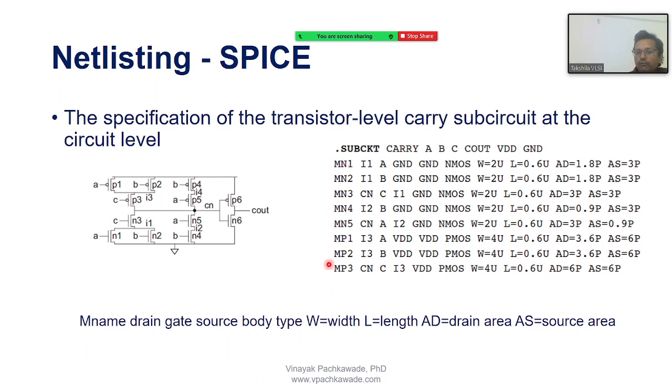Similarly, I will do it for all the transistors. So very simple, and you can verify all these transistors yourself. Just see the schematic and see how these nodes are connected, and that is how the whole circuit diagram is done.